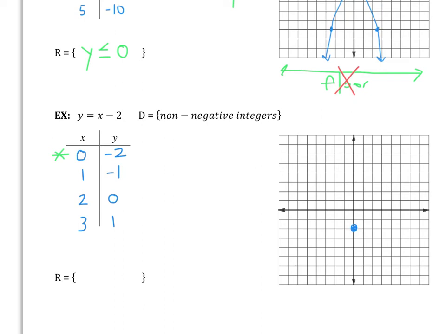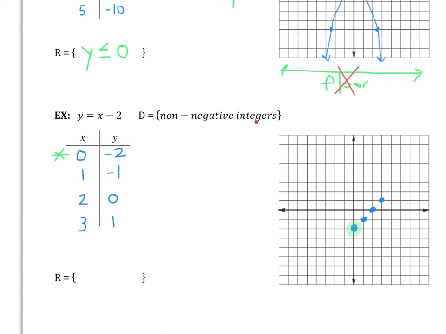Then we have 1, -1. Then we have 2, 0. Then we have 3, 1, and we would continue on and on. But remember, 0 is the first non-negative integer for my domain. And since we only want integers, I am not going to connect these points. That would indicate that we are talking about the values in between those integers, but those values are not in our domain.